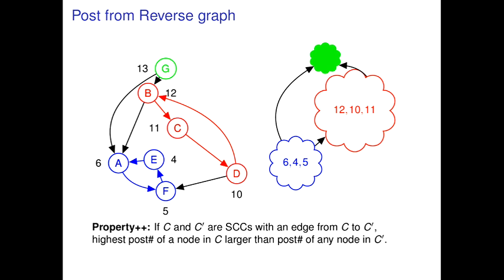And so therefore I know that once I remove the green component, the next highest post-order number must be in a sink component of the forward graph, a source component in the reverse graph.